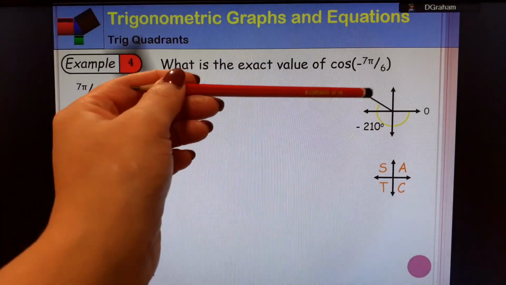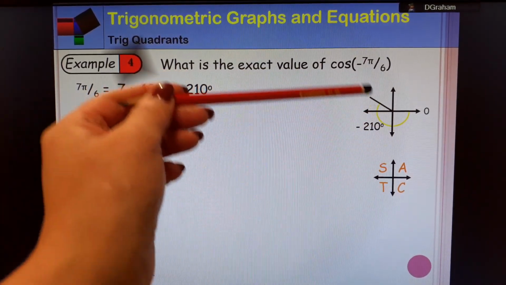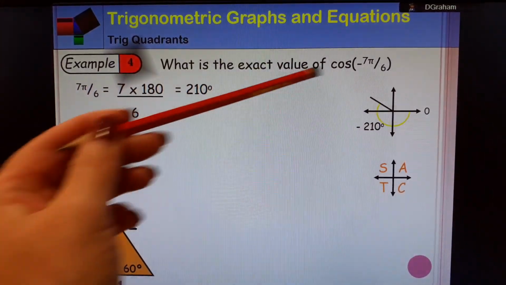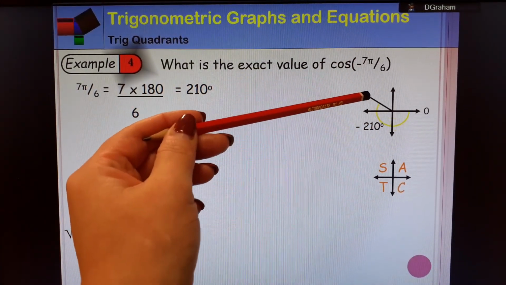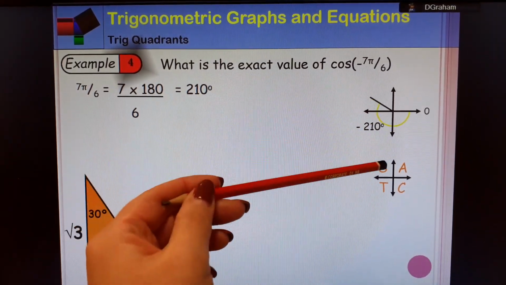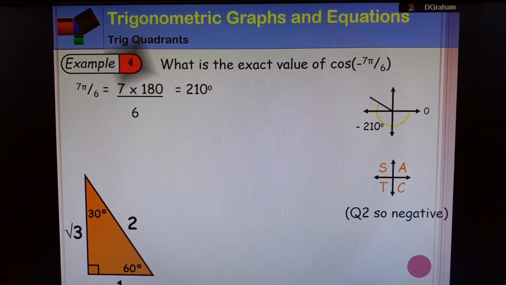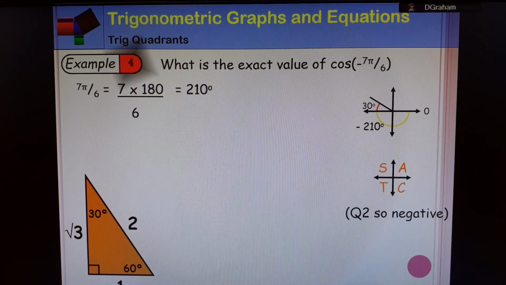But we're now in quadrant 2, which is the sine quadrant. Cos in the sine quadrant, again, it's going to be a negative, not because that's a negative, just because the quadrant we've ended up in is not a match. So we're finding cos in the sine quadrant, which is not a match, so it's going to be a negative equivalent. Okay, and it's going to be a negative equivalent of cos of 30.